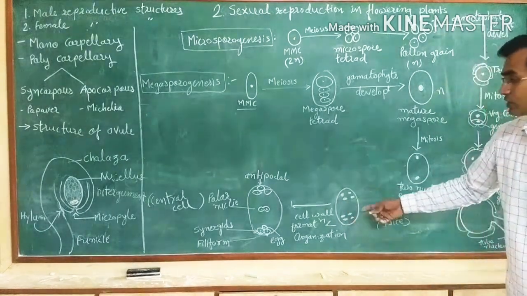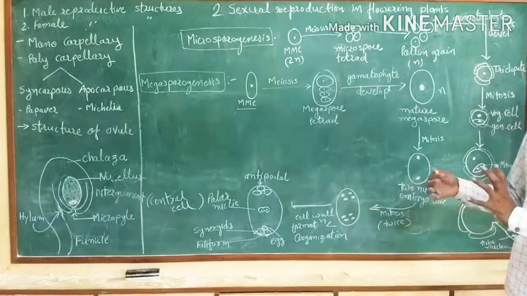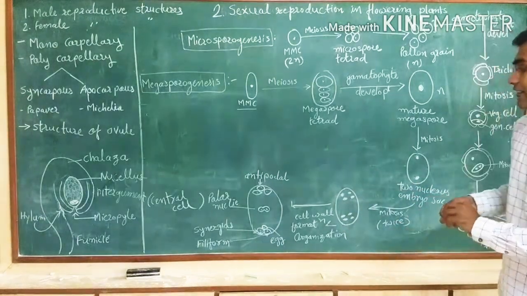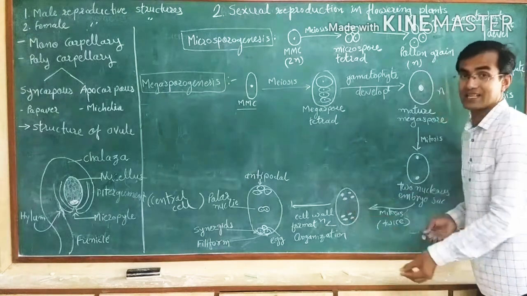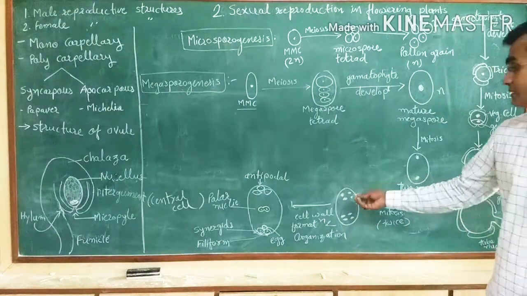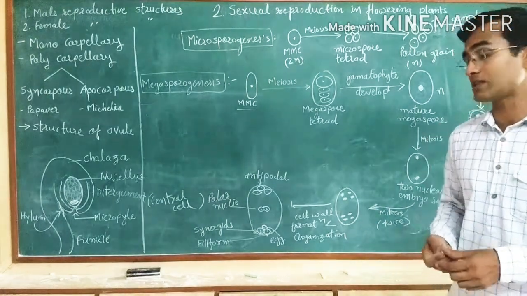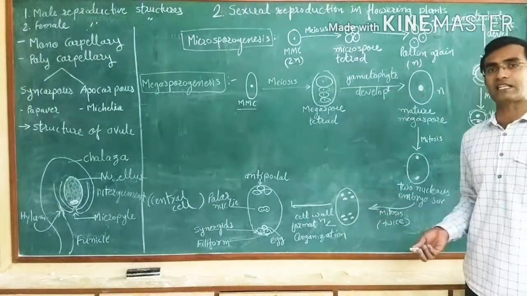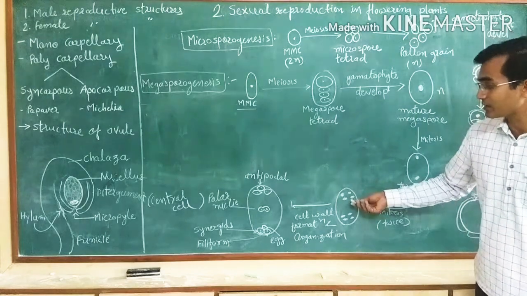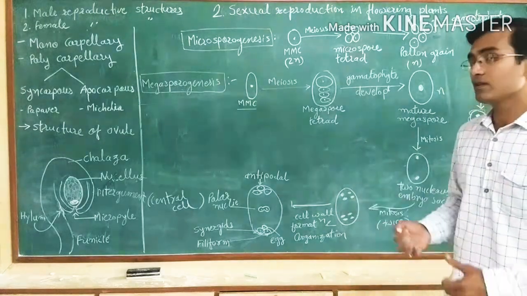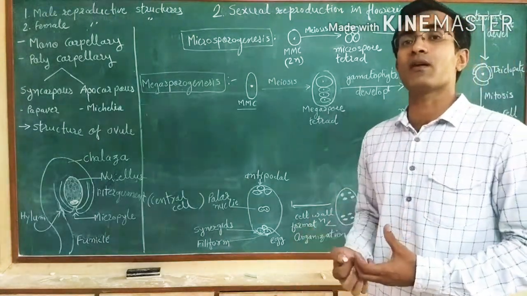In this 8-nucleate stage, we can see there is no proper organization, and after this stage, the nuclei will be covered with cell walls. After cell wall formation, they will arrange themselves properly.